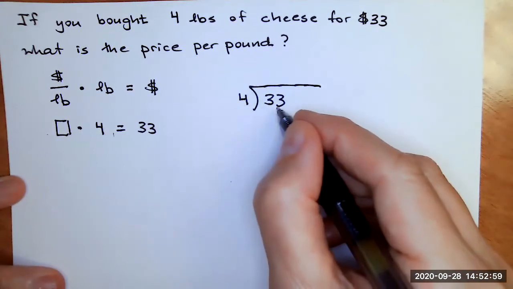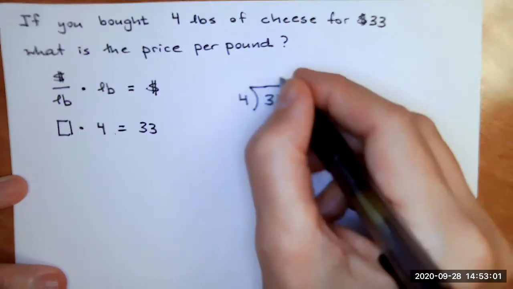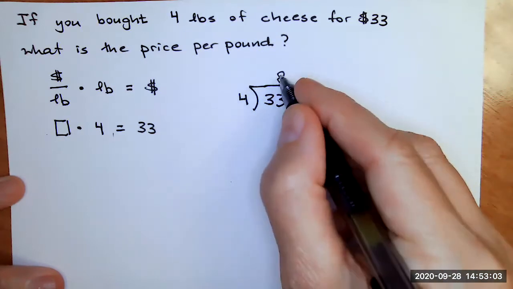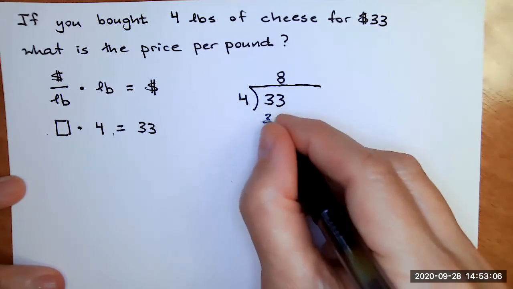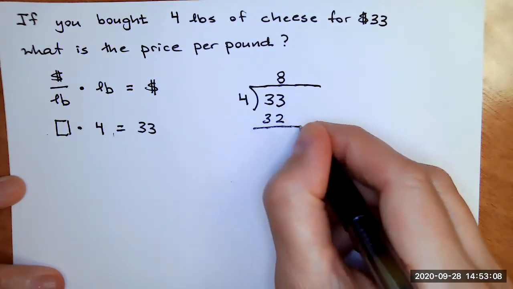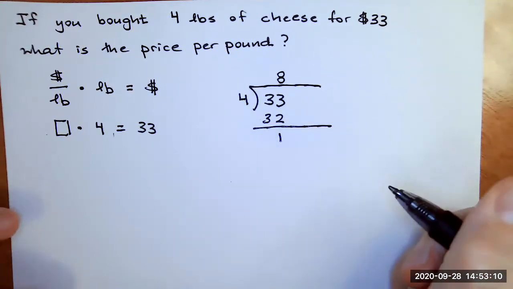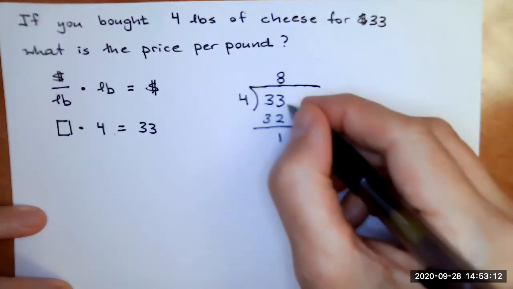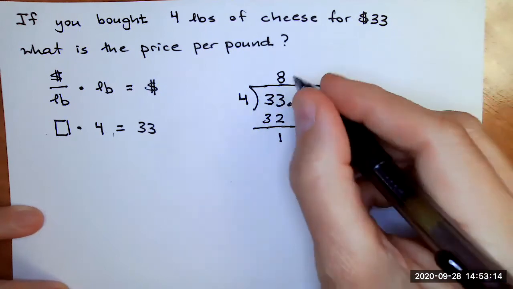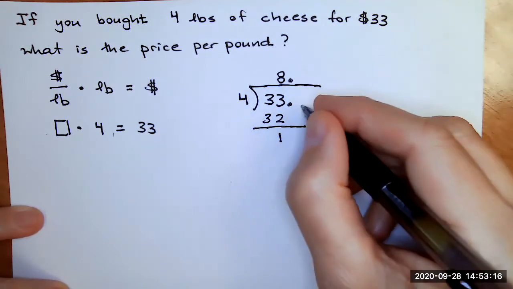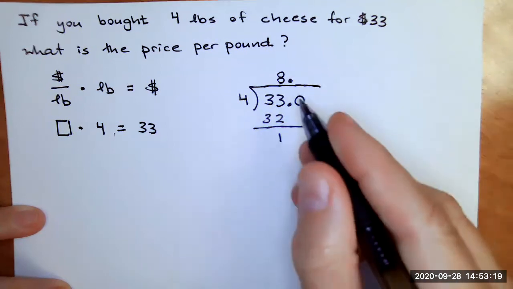So 4 goes into 33 8 times. 8 times 4 is 32. I want to keep going, so I'm going to add a decimal point at the end. I'm going to move it up here, and then you can add a 0.